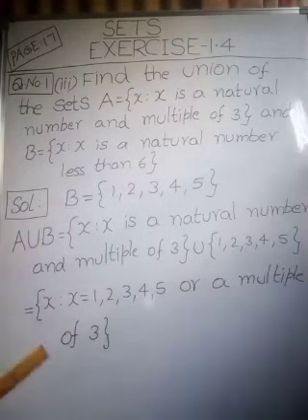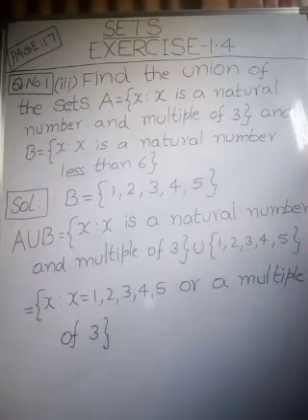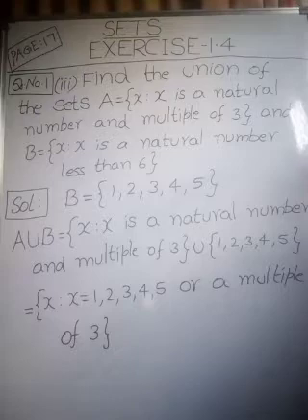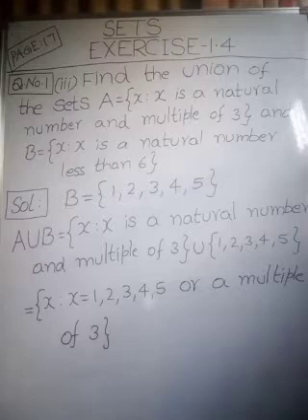If you observe here, the two sets are given in set builder form. In the previous two questions, the sets are given in roster form, whereas in this question, the two sets are given in set builder form.